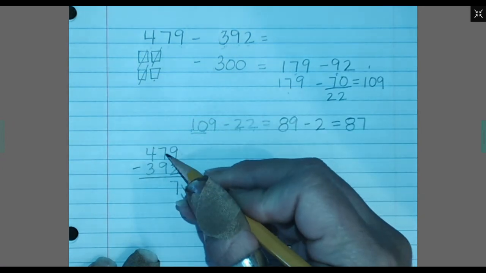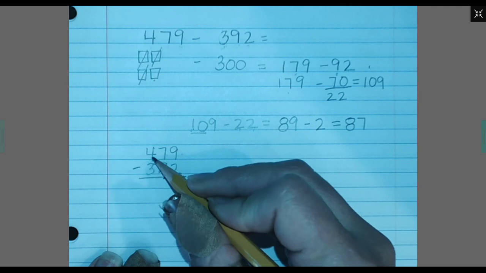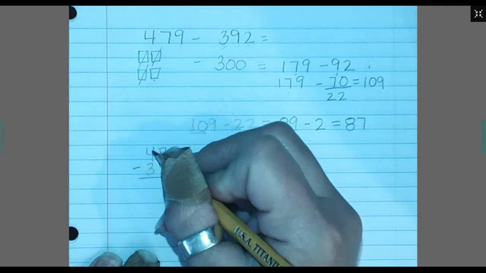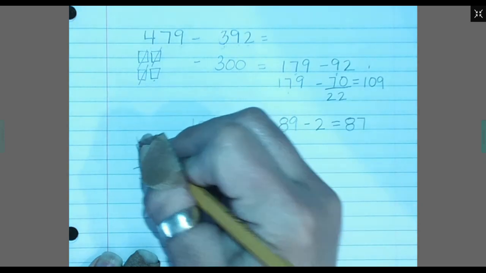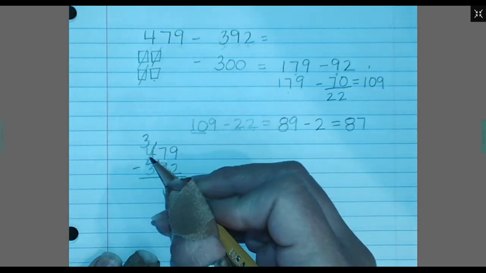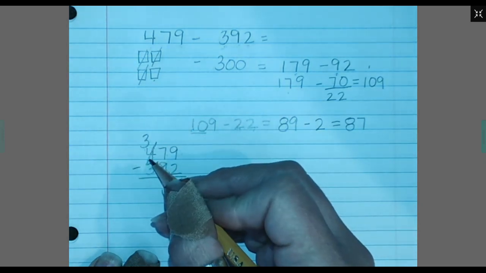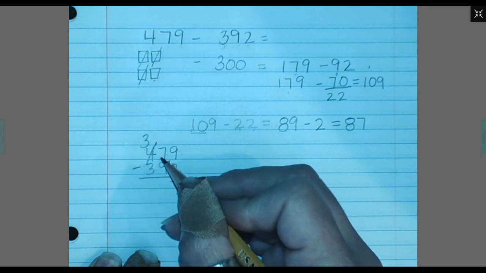Can I take 9 from 7? No, I cannot. So I have to go to my hundreds place. I'm going to borrow one of those hundreds. So now I only have 3 hundreds. One of those hundreds becomes 10 tens. And I have 7 tens right now.